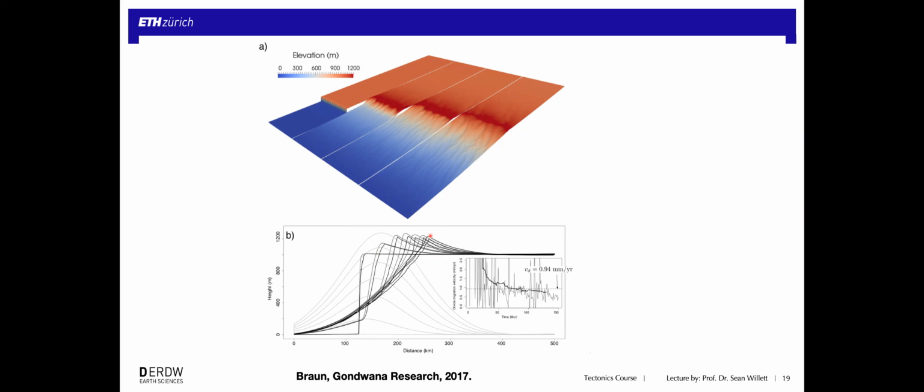Now, what's interesting here is that as it migrates, it goes up initially, it goes down afterwards, but you can see that there's actually an uplift and a back tilting of this topographic surface. This is due to the erosional unloading of the lithosphere and a flexural response. So the unloading are these fine lines in the back. These are the erosional unloading as a function of time.